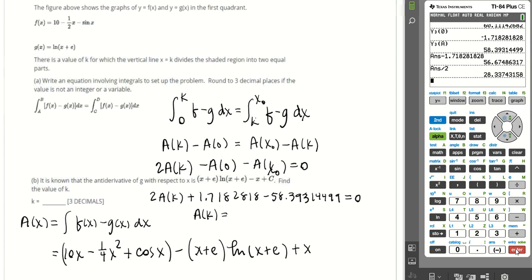I'll get 28.337. Maybe I should copy more decimals than that, because that's not my answer. I'm looking for the value of k. 28.33743158.